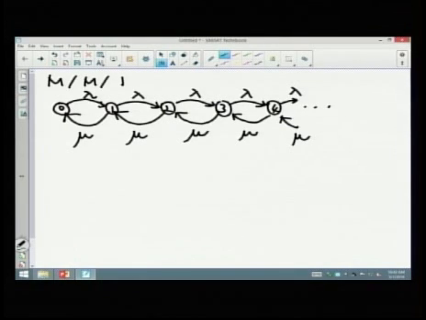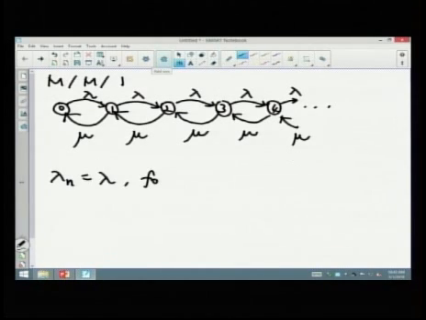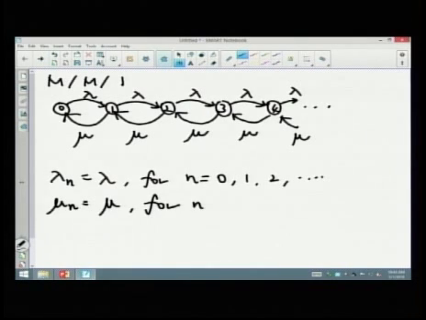So simply saying that, in the MM1 model, lambda n is always the same as lambda for every state, right? Starting from 0, 1, 2, and so on. Likewise, the service rate mu n is always equal to mu for each state, 1, 2, 3, and so on. Okay.